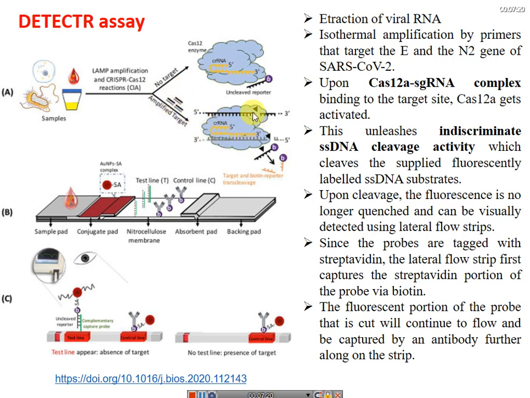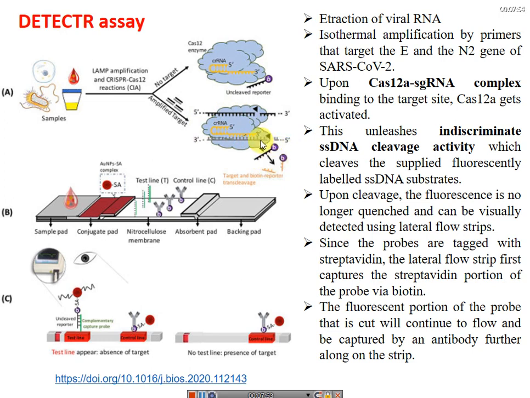Okay, so in the first case where you have no target annealing to the target, this reporter provided remains uncleaved, and once this sgRNA binds to the template or target DNA, the target molecule, it gets activated, and the indiscriminate or collateral activity of single strand DNA cleavage gets activated.